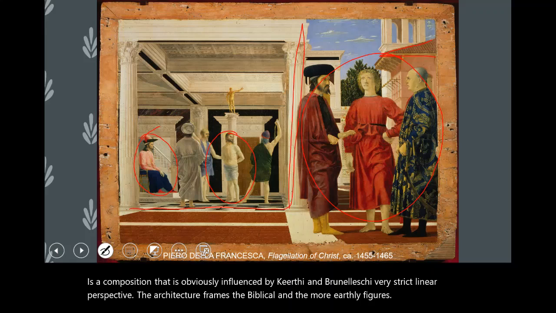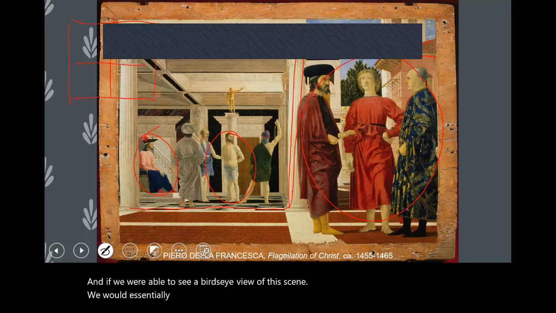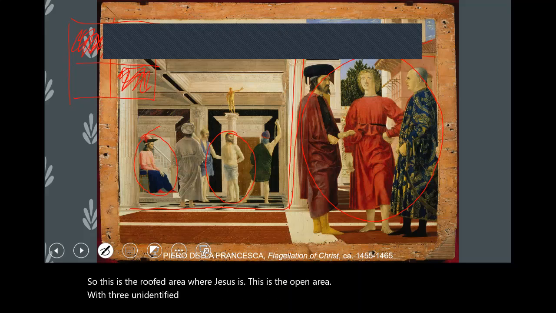And if we were able to see a bird's eye view of this scene, we would essentially see a foursquare. So this is the roofed area where Jesus is. This is the open area where the three unidentified men are. And this is open space leading back to the trees and the buildings.